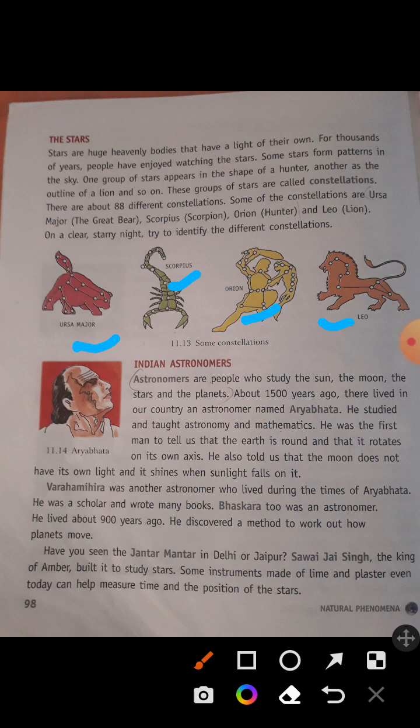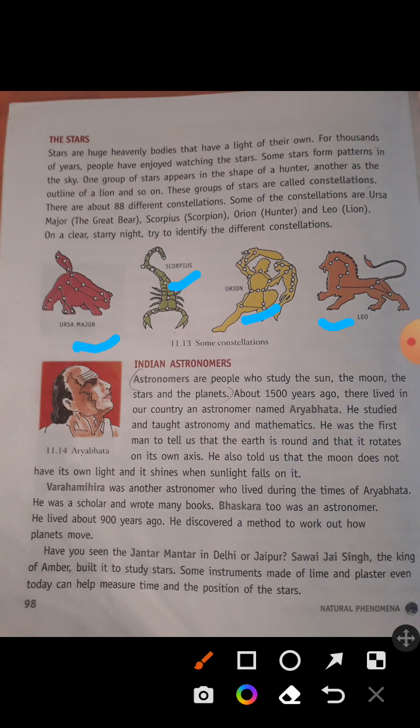Now, students, let's come to the last topic of this chapter, that is Indian astronomers. So, students, first of all, what do you know about astronomers? Astronomers are people who study the sun, the moon, the stars, and the planets.